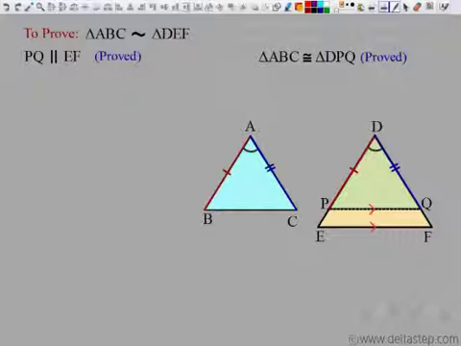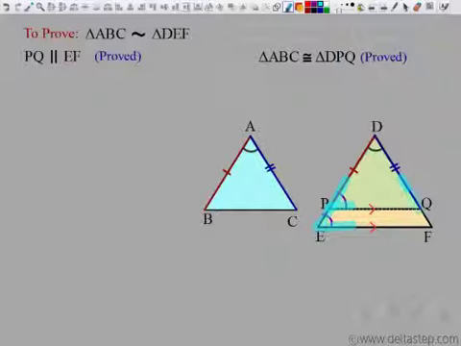Now since these two lines are parallel, the angles would be the same. I can say angle DPQ would be equal to angle E. Corresponding angles, you can see that by an inverted F. You can spot an inverted F here. So these are the corresponding angles which will be equal.